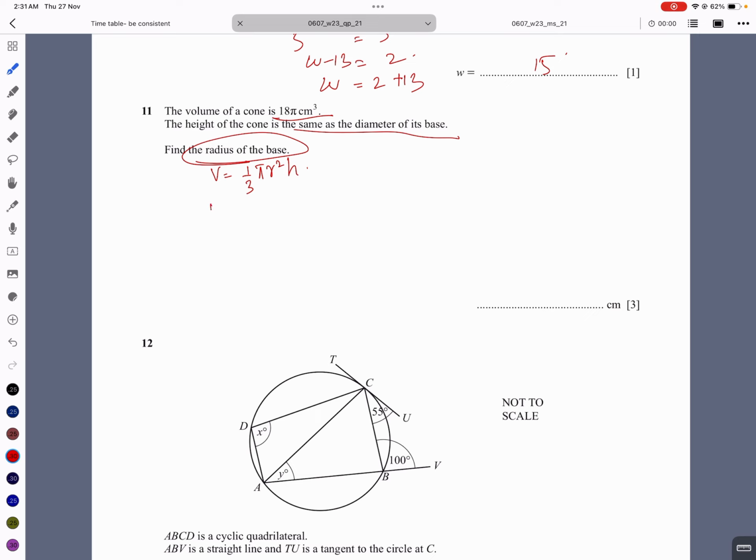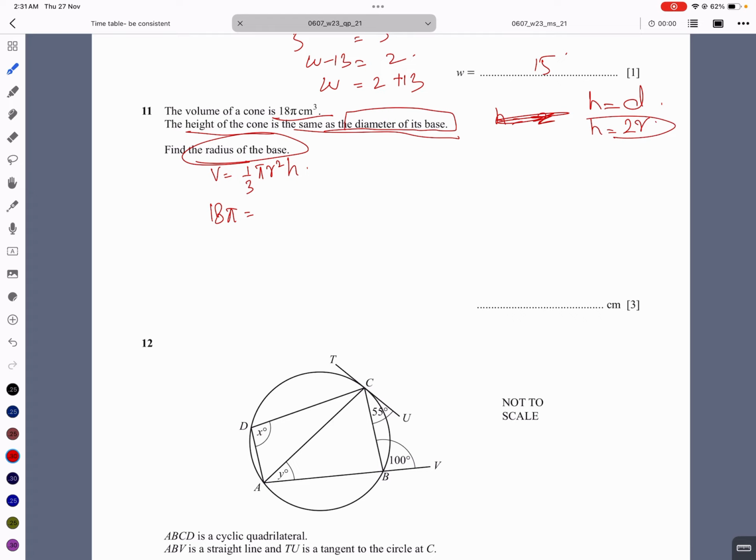The volume of the cone is 18 pi. The height is the same as the diameter, not the radius. So height is equal to diameter, and diameter is 2 times the radius.